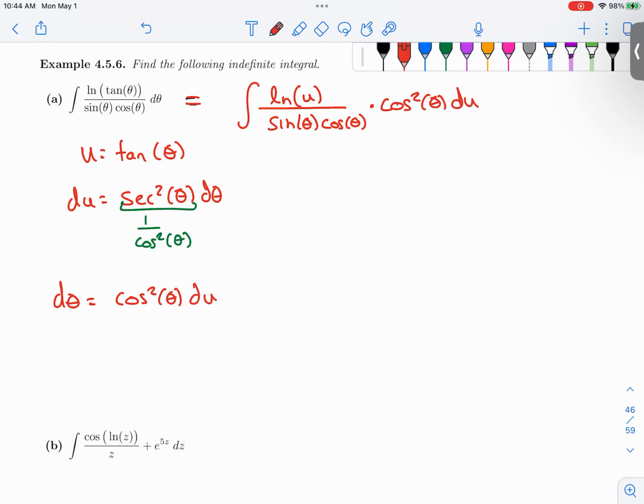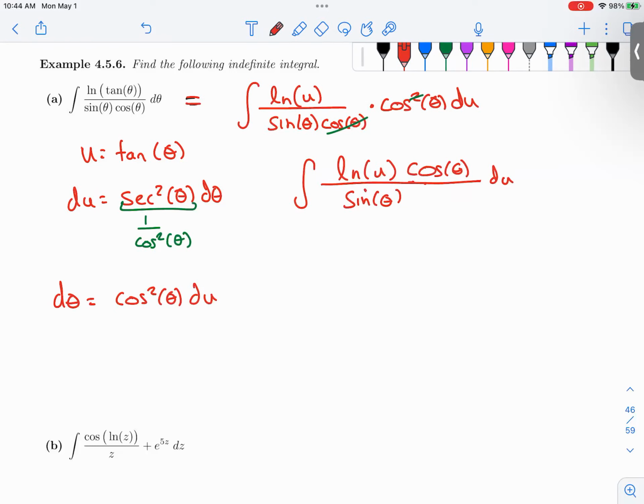If you can solve it this way, you guys want to see how? Kind of. So yes, you will, but you have to do something very interesting at first. One of these cosines will cancel, right? So then you have the integral of ln of u times cosine theta on top over sine of theta, du.